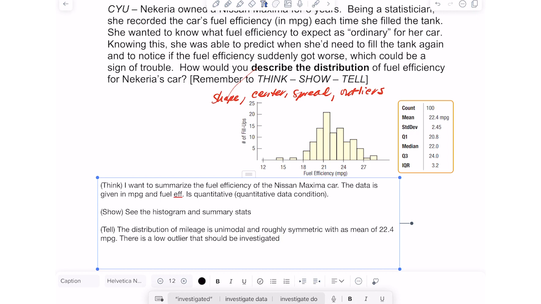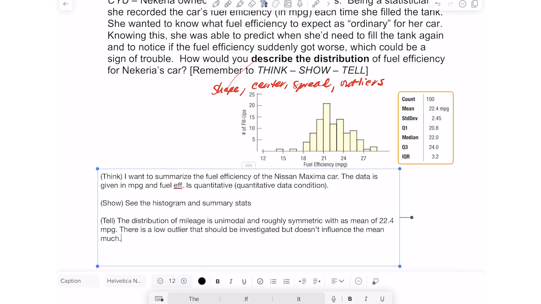So there's a low outlier that should be investigated, but it doesn't really influence the mean that much, right? Because most of those other values, if you look at the histogram, are close to the mean. Since it's symmetric too, it doesn't influence the mean much.